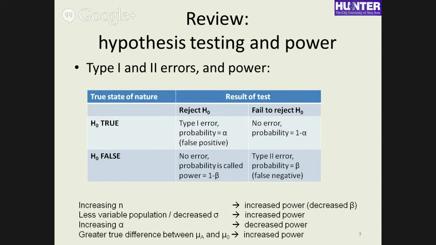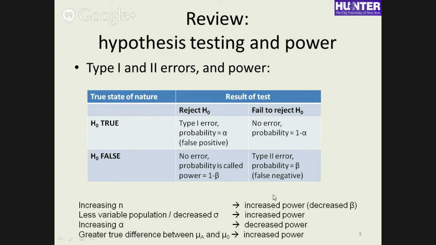So in truth, the hypothesis that we're testing is either true or it's false. And in relation to that, if we reject a false null hypothesis, that's no error. That is making a correct decision to reject the null. And the probability of that is called the power of the test, which is 1 minus the type 2 error. Whereas under the false null hypothesis, if we fail to reject that, that's the type 2 error.